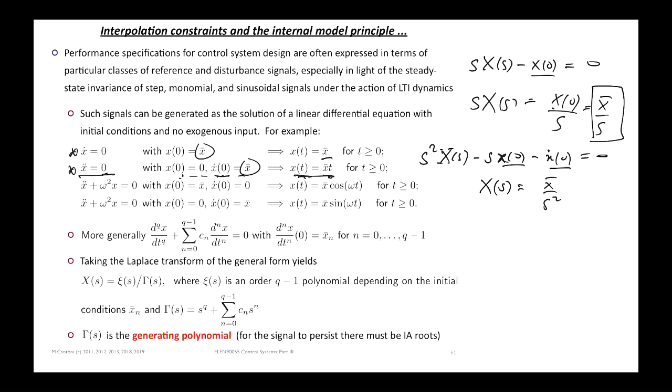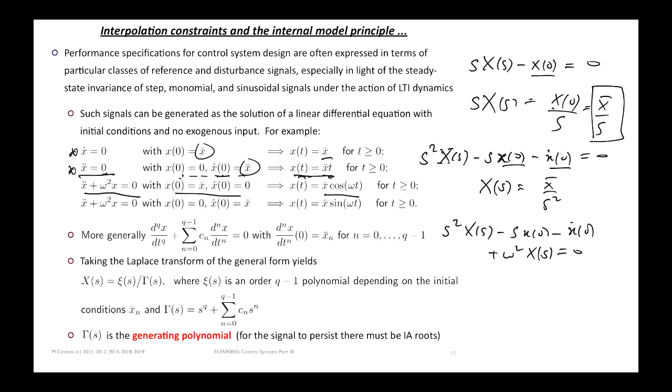Okay, and you can do similar things to describe sinusoids. So a sinusoidal signal that looks like this will satisfy this differential equation with these initial conditions, right? And you can go through the same process, taking the Laplace transform, you get s squared X(s) minus s x naught minus x dot naught plus omega squared X(s) equal to 0, right?